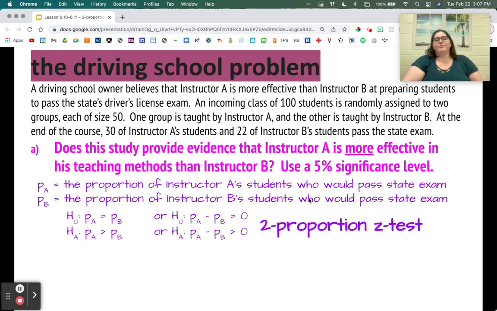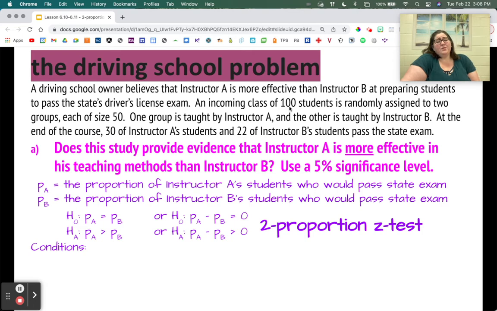All right, we are doing a 2 proportion z test. So now we're going to do our conditions. Our 3 conditions, firstly, we need random samples, but we also need them to be independent of each other. This is where I might come to a pause because it doesn't really say that they are a random sample. It's an incoming class of 100 students.